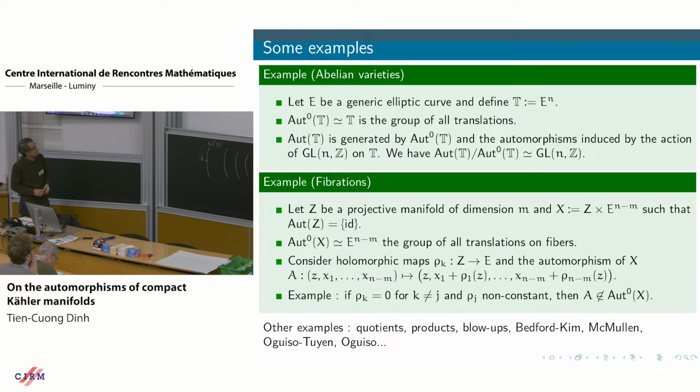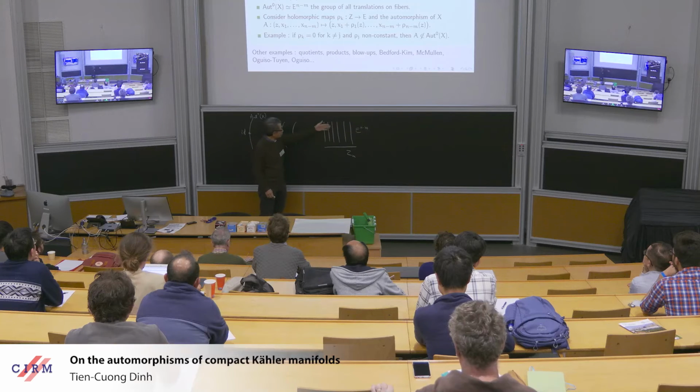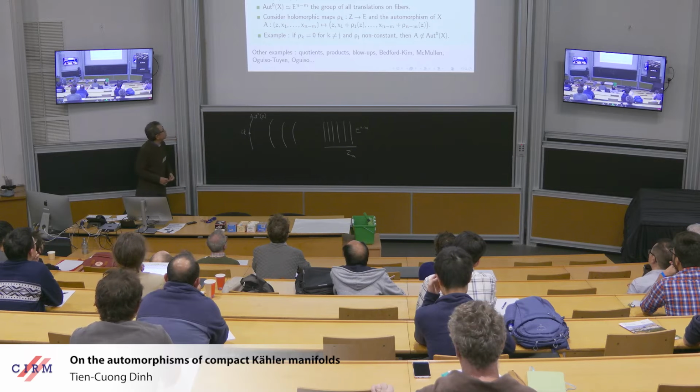Now if you have a map rho from Z to E, then you can produce some new automorphisms. Basically, you consider translation on the fiber, but when you change the fiber, the translation changes also holomorphically, depending on the point z.